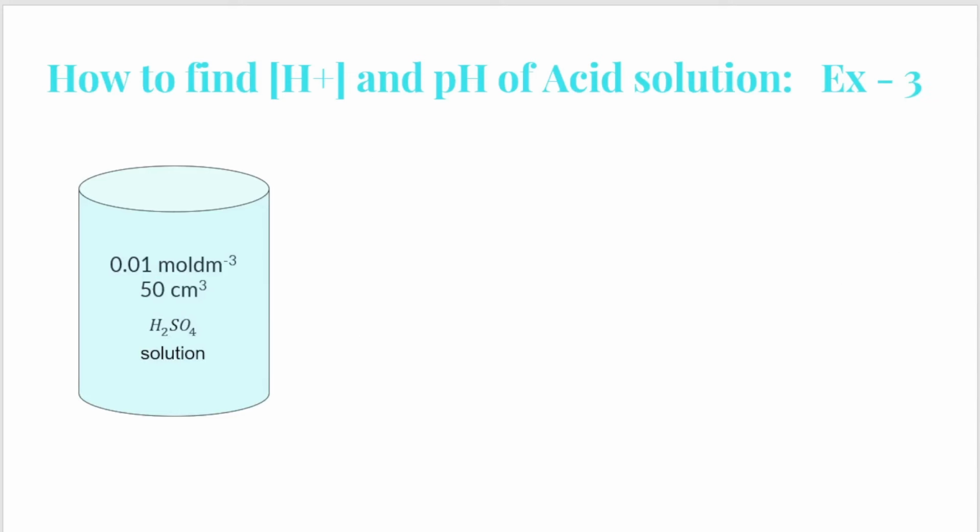Now let's find the hydrogen ion concentration and pH of a different kind of acid, where this acid releases 2 hydrogen ions upon dissociation. Here we are discussing H2SO4, sulfuric acid, which is also a strong acid and therefore dissociates completely, but this time it gives us 2 hydrogen ions instead of 1.